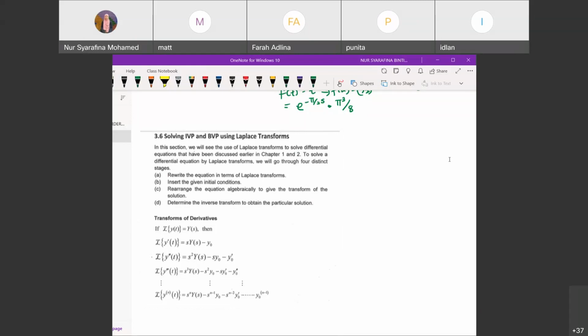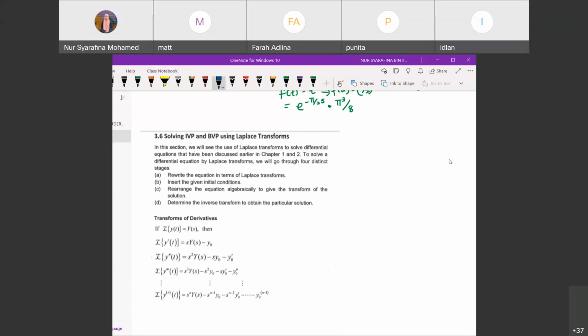So by using a Laplace transform, you still need to transform the derivative form. We will see the use of Laplace transform here to solve the differential equation. But before we find the solution of the function in S domain, you need to transform every derivative given in the differential equation.